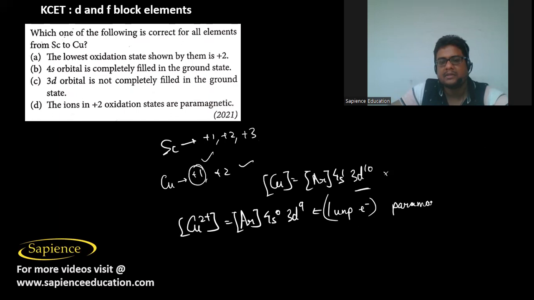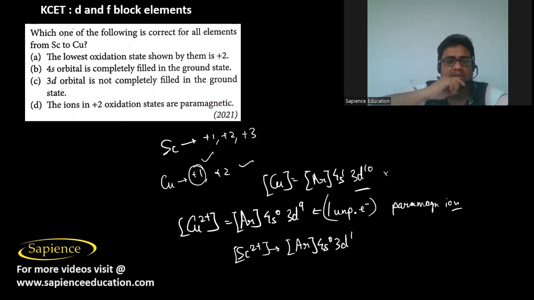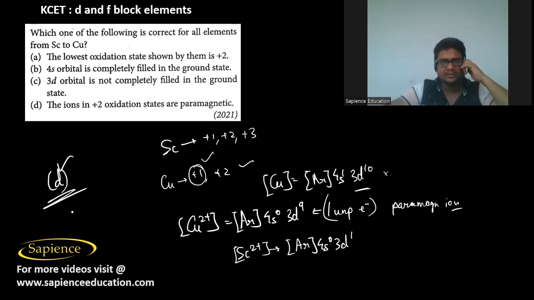And Sc2 plus also, it has got one unpaired electron, since its configuration will be argon 4s0 3d1, so it has also got one unpaired electron. So hence option D is the correct statement.